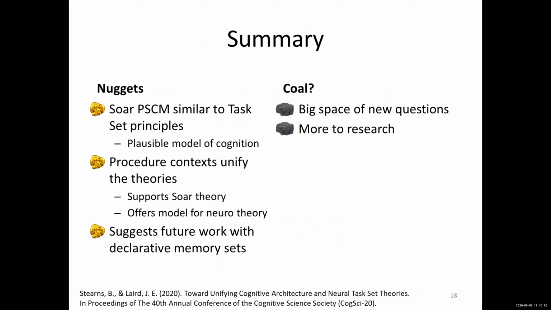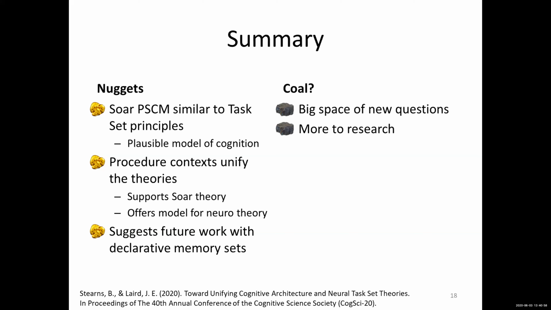So summary, we have the Soar problem space computational model looking very similar to task set principles, which make this approach a plausible model of cognition in my mind. Procedure context of the Prop 3 model, which I talked about earlier, serve to unify these theories by providing an explicit declarative structure that corresponds to a task set in Soar working memory.